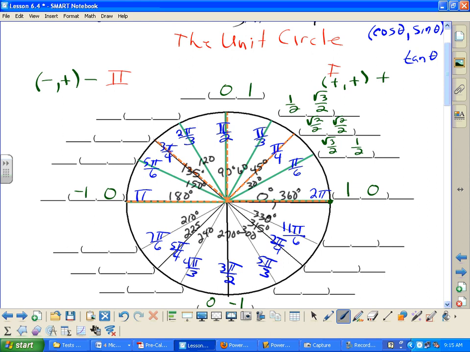Now, the first number here is x, right? The second number is y. Let's look at the second quadrant. The second quadrant says that x is negative and y is positive. So we're going to think about reflections.